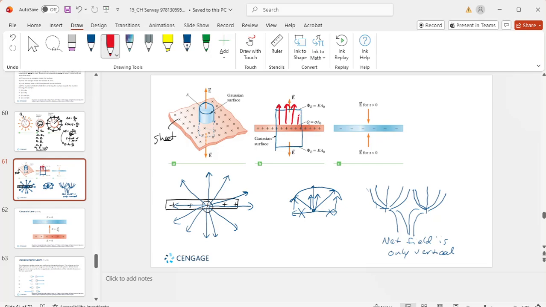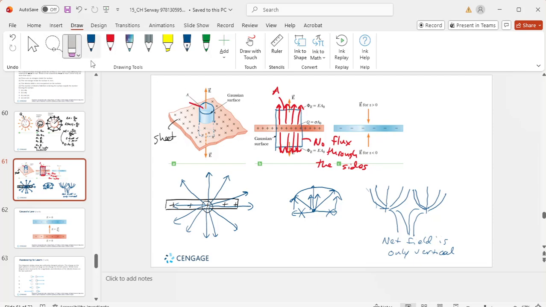As a result, I will not have any flux through the sides, only through the two circular faces, the two surfaces that are labeled area A.